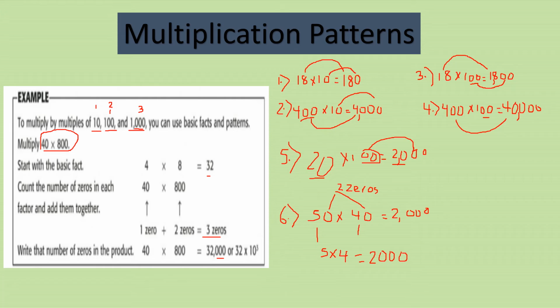Let's do one more example. I'll say 60 times 700. So we know we need to multiply the 6 and the 7. 6 times 7 gives me 42.